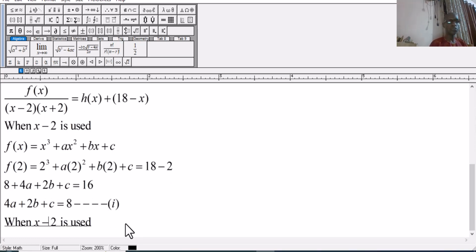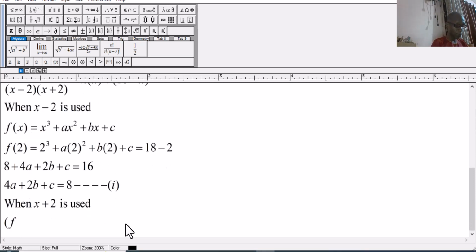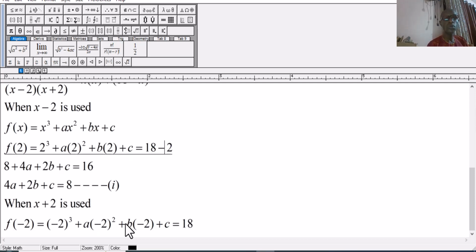So we move forward again, when x plus 2 is used. So what we have in this case will be f of minus 2 equals minus 2 cubed plus a into minus 2 whole squared plus b into minus 2 plus c, which equals 18 minus minus 2, so 20.